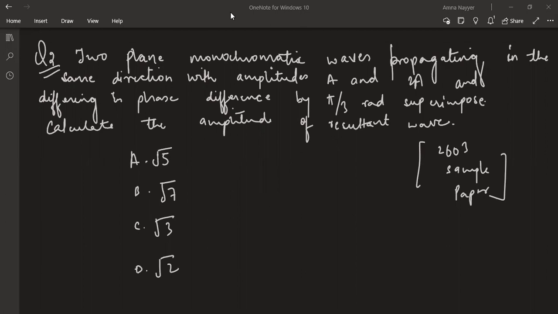Yes, class, answer which option is right. This is a question from the 2003 sample paper.